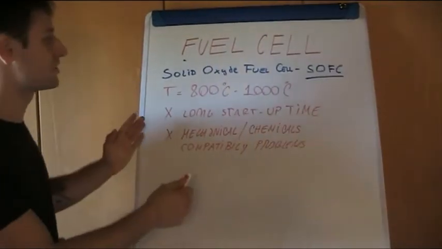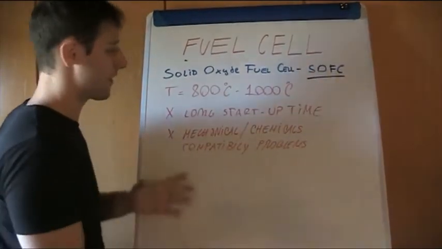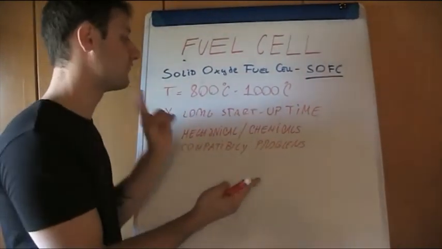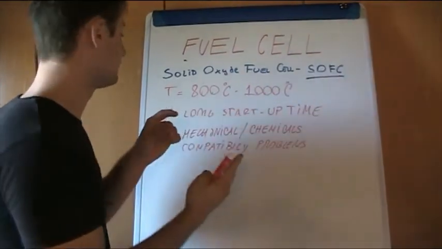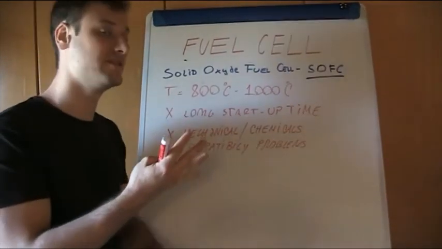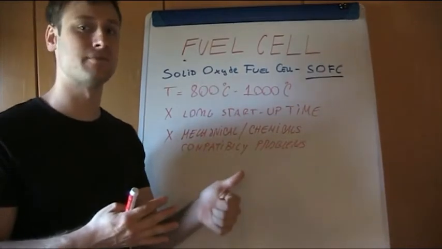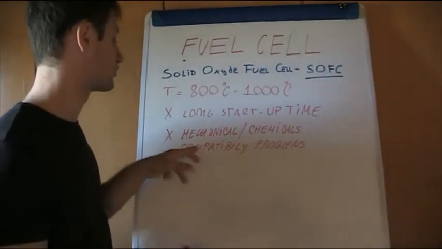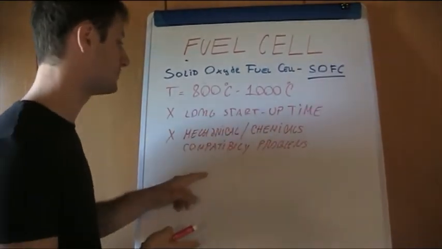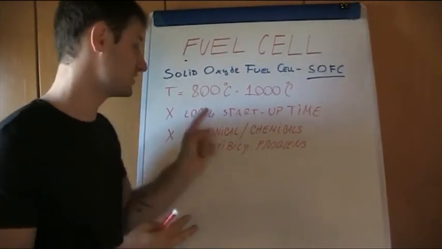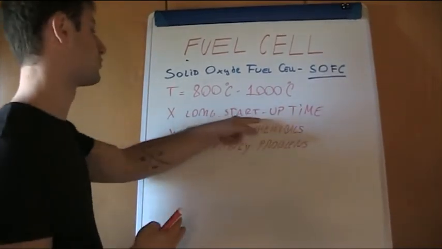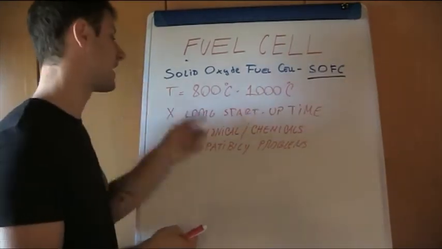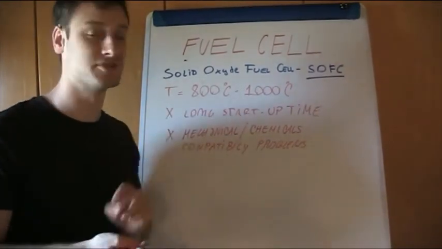So now, focusing our attention on the solid oxide fuel cell, we have described the positive aspects: the high efficiency, the fuel flexibility, the pure emission, the relatively low cost, and the long-term stability. But even the problems concerning the mechanical and chemical compatibility, and also the long start-up time, which is probably the most characteristic type of problem concerning more or less all the high temperature fuel cells.